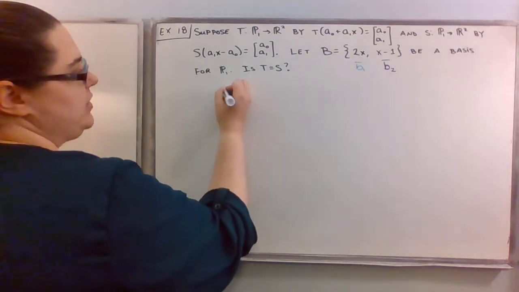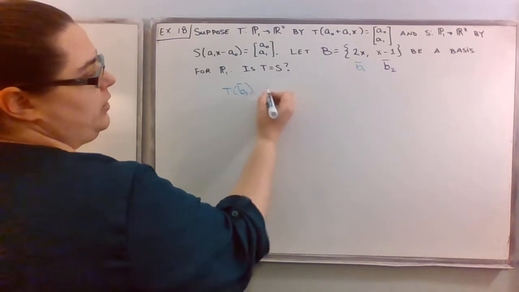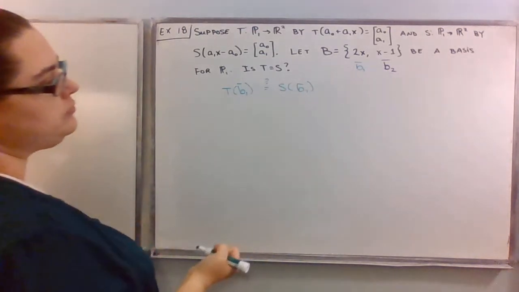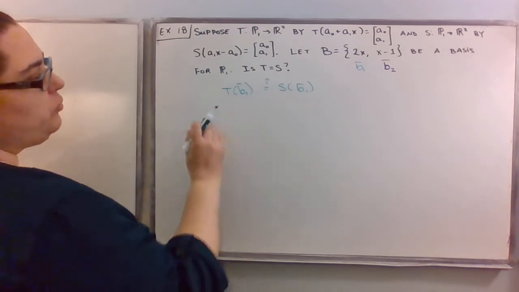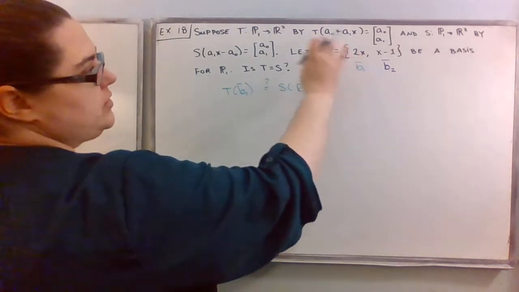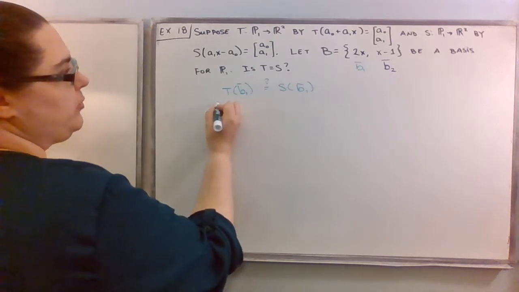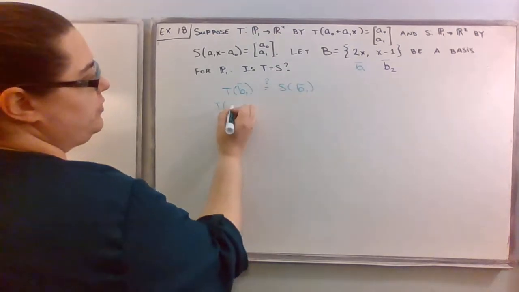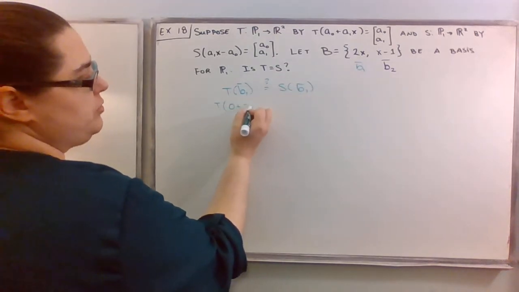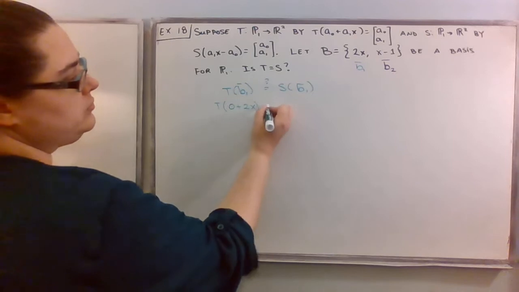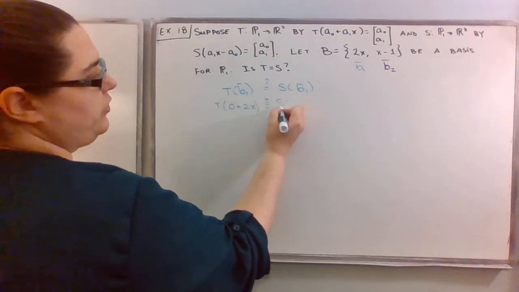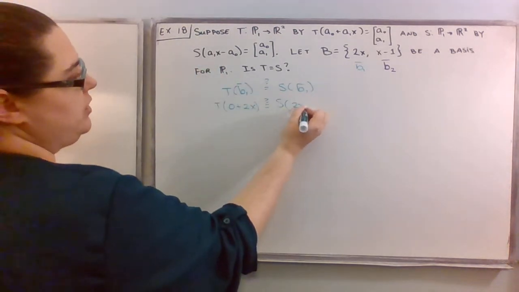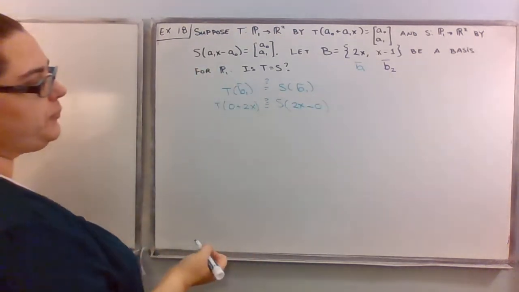So we have to find T of b1, and we're going to say, does that equal S of b1? I'm going to write 2x in the same format here, a0 plus a1x, so we have no constant term plus 2x. And for S, it's in the form a1x minus a0, so that's 2x minus 0.